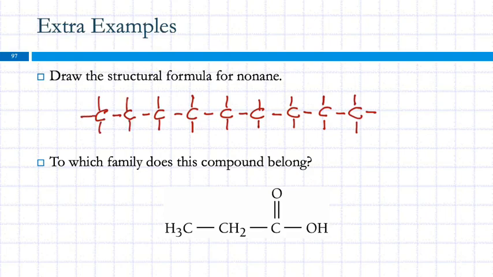And the non prefix tells me the number of carbons, and the ane suffix tells me the types of bonds. They're all single bonds. So there aren't any double bonds or triple bonds with the carbons. And we've learned that carbon always makes 4 bonds. So this carbon on the end has to have 3 more bonds. What are those going to be with? Hydrogen, the only other element in here.